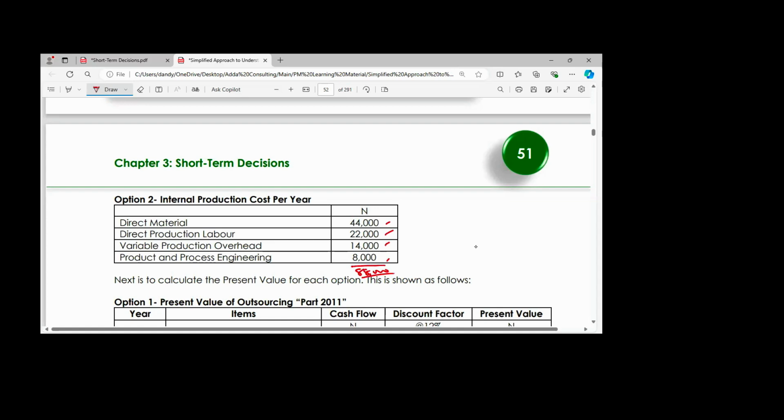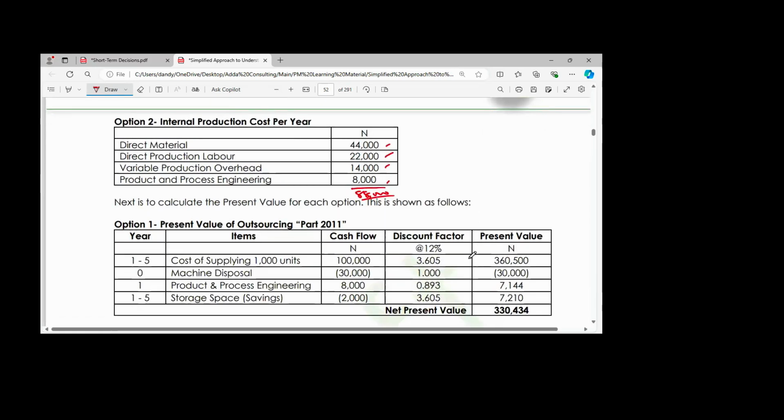So I can add everything together and multiply with the annuity factor, and I'll be good to go. These are the relevant cash flows we have identified from the question. The next thing I need to do is calculate the present value for each option. Option 1 is outsourcing. Option 2 is internal production.